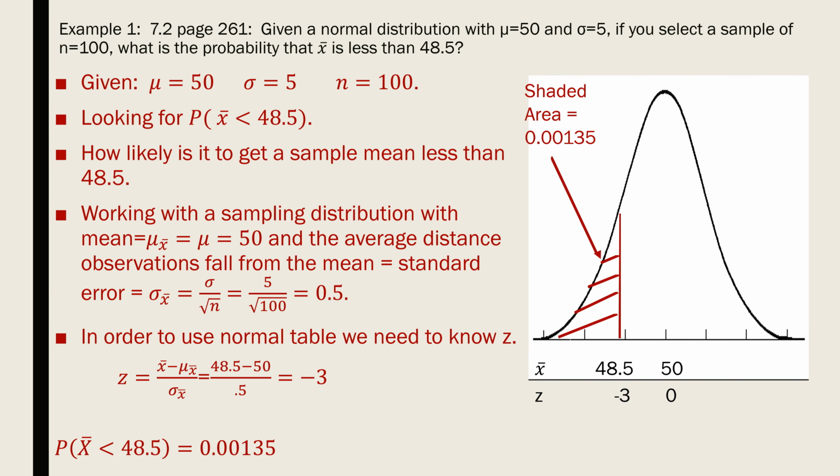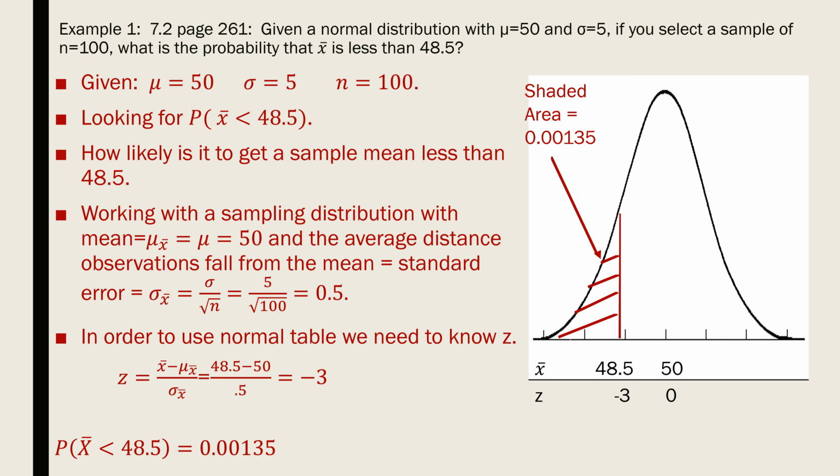Now, given the same normal distribution with the same population mean and population standard deviation, what if I ask you what is the probability that x bar is less than 48.5? All the parameters here are the same, and we're looking for the probability x bar less than 48.5. In other words, how likely is it to get a sample mean less than 48.5.